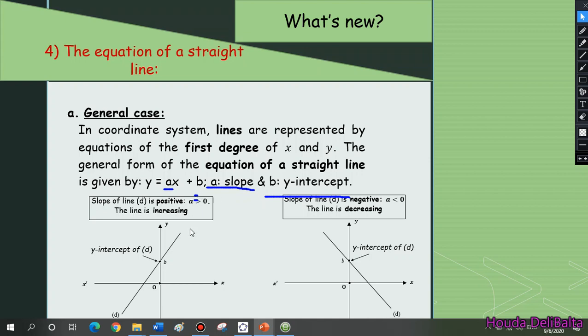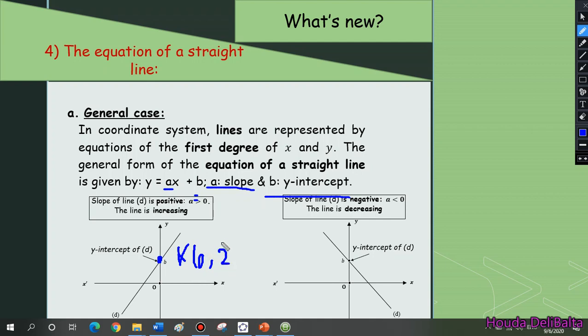Now what about the y-intercept? From its name, the y-intercept is where the line intersects the y-axis, as you see here. So here, the line intersects the y-axis at this point, for example, let's say it is K(0, 2).